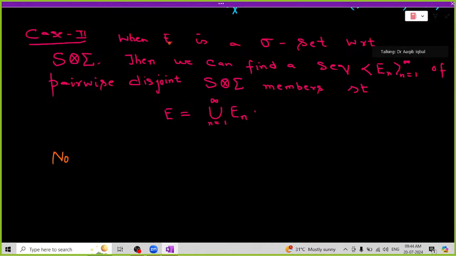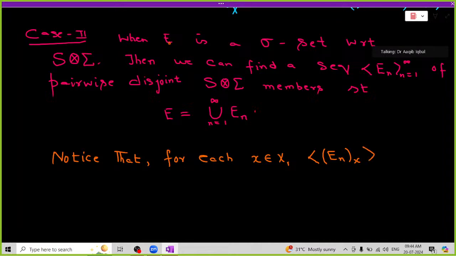Notice that for each x in X, the sequence of x sections of these ENs, that means E sub n, इसको लिखना ऐसे है आपने, इसका ख्याल रखेंगे आप.